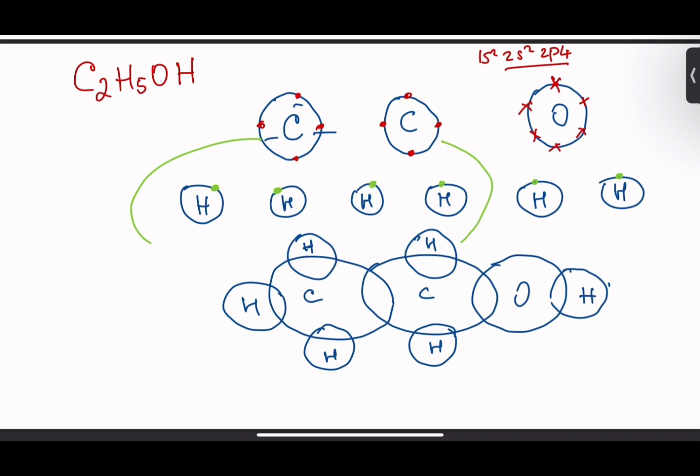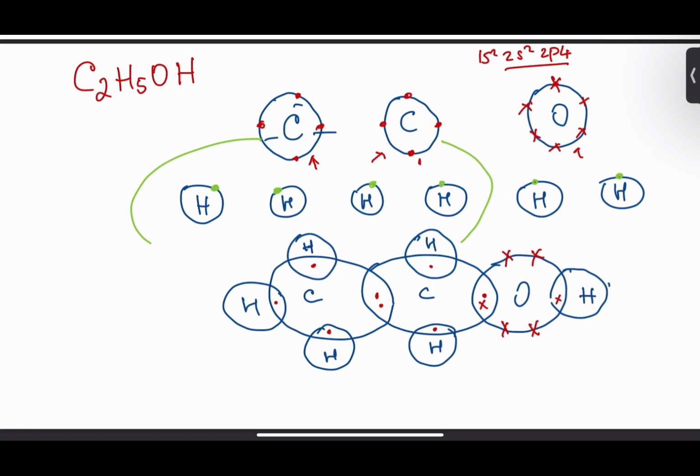Now that I've put my elements, let's put my electrons around them. Carbon has 4 electrons: 1, 2, 3, and 4. And the other carbon has 1, 2, 3, and 4. Oxygen has 6, so I put 1, 2, 3, 4, and then I share each one with the neighboring element.